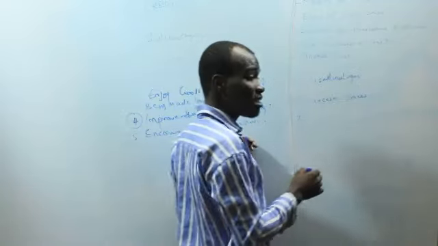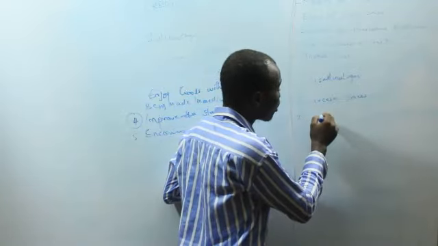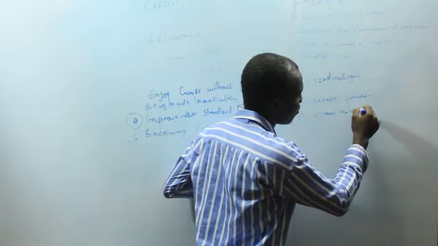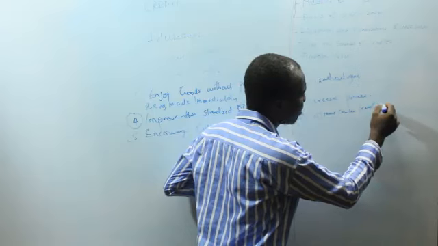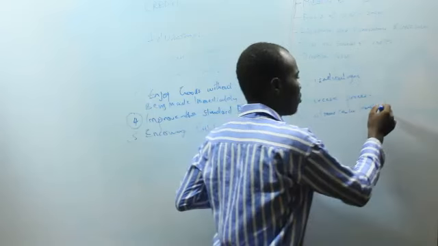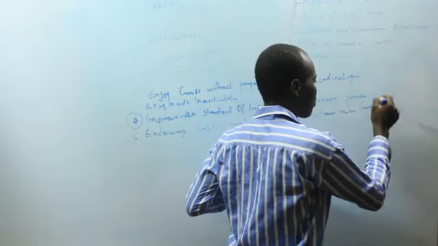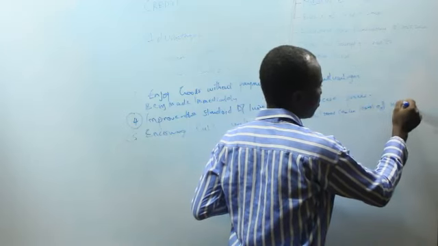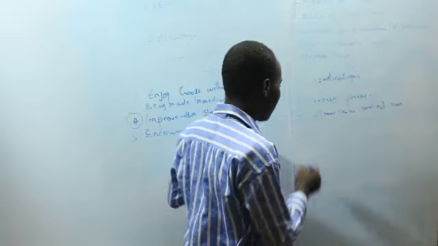Number two is that the customer can be tempted to buy more than is worth, to buy more than his capacity.